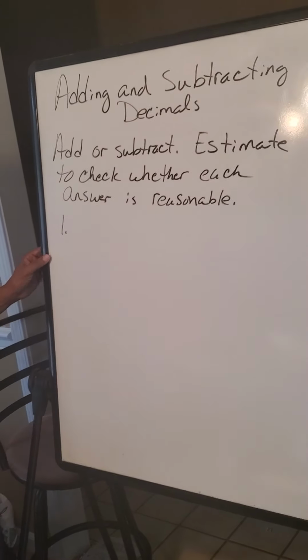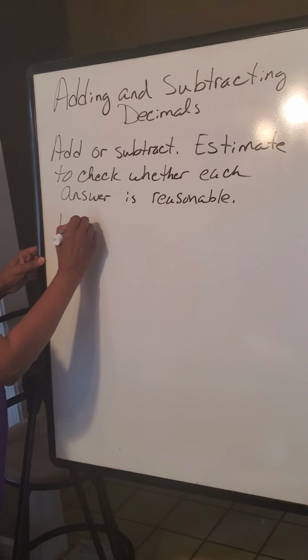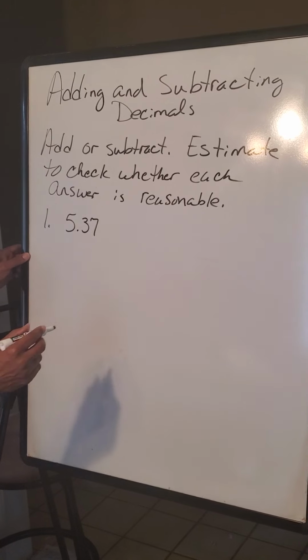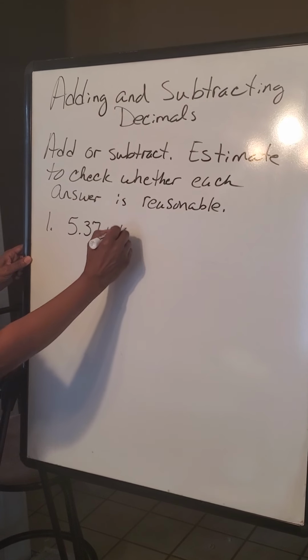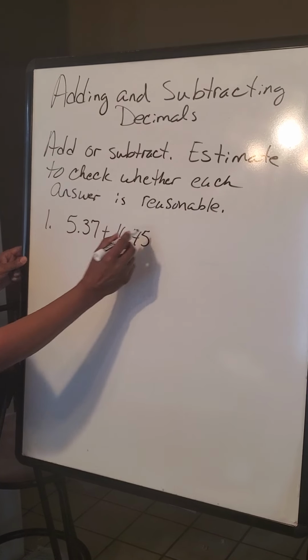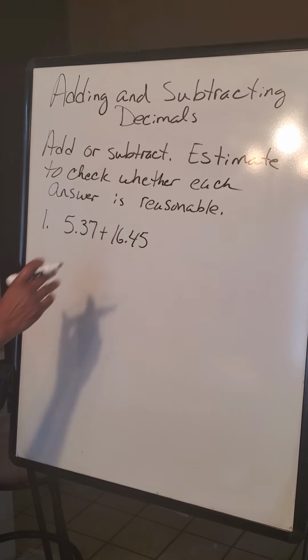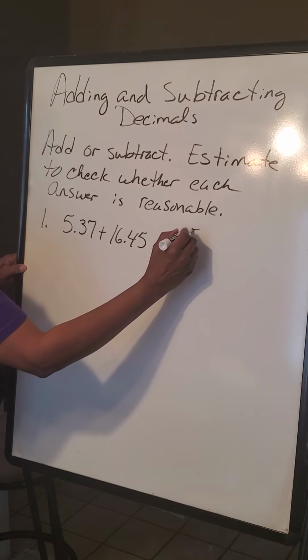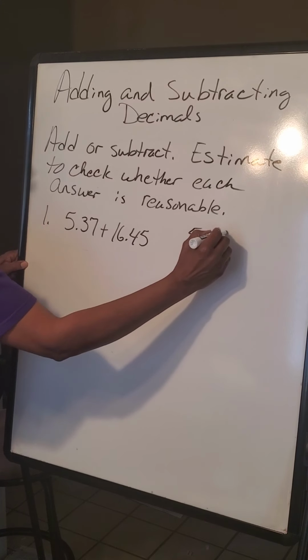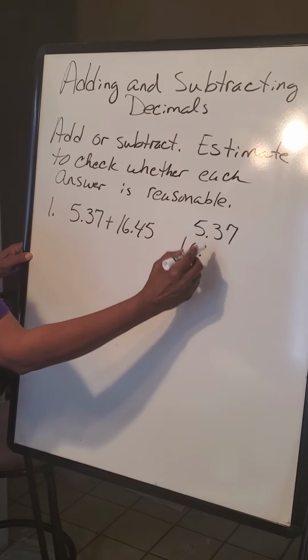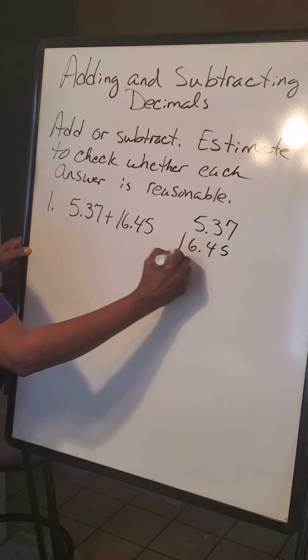So example 1: if I had 5 and 37/100ths and I want to add to it 16 and 45/100ths. Now in order to add or subtract decimals, you will line the decimals up. So I'll take 5.37 and line up the decimals and add 16.45.